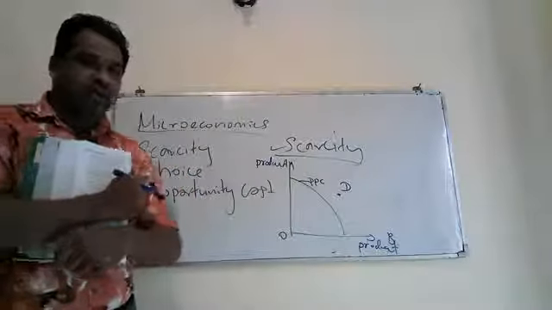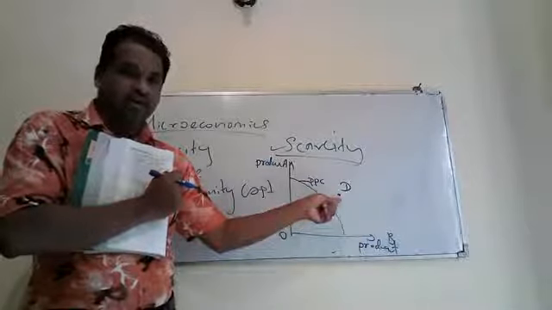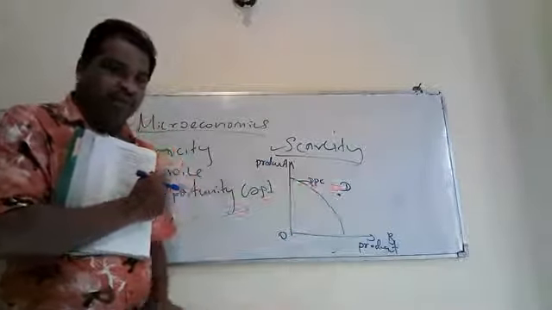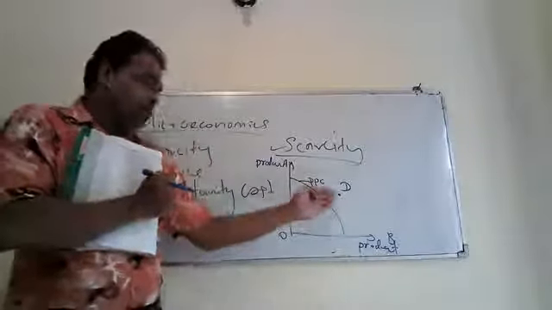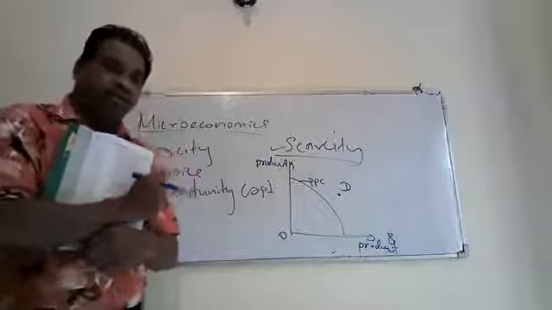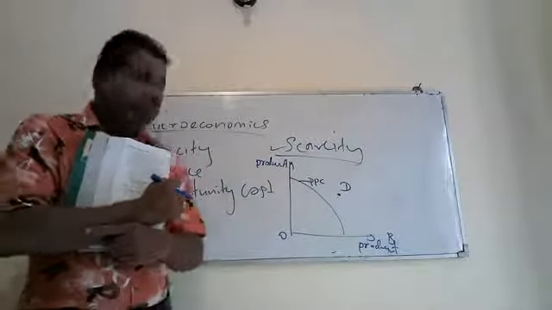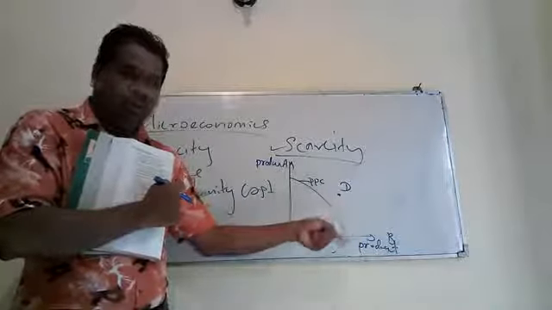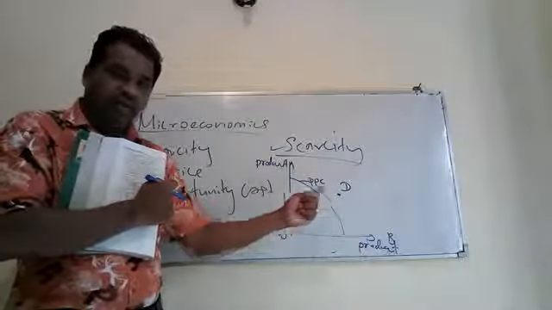Therefore, at the moment, you can't achieve this target. This is the target which you can try to achieve in the future. If you increase your resources, or increase your technology, or improve your efficiency in the country, you can achieve this in the future. But currently, you can't achieve this. This is beyond their production level.